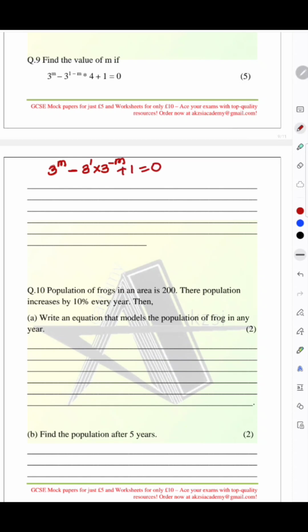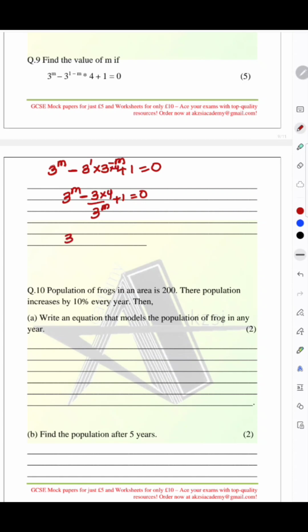Now there is a negative power. Always if there is a negative power given, you have to make it positive, and you can do it as 3 to the power of m minus 3 to the power of 1, which is 3 over 3 to the power of m, plus 1 equals 0. Obviously we have to remove the denominator.